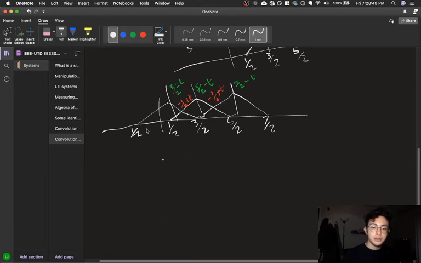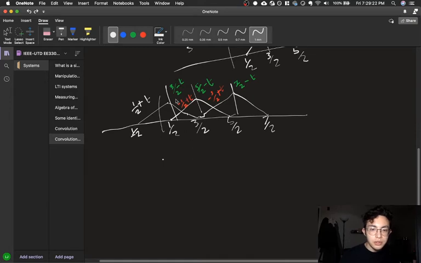So this will be, oh wait, I should probably say that this is 1/2 plus t here. Right, so our final answer would be, t is bounded from maybe 1/2 to 1/2. Notice that when you sum these two functions in these boundaries, they're going to sum up to a constant.